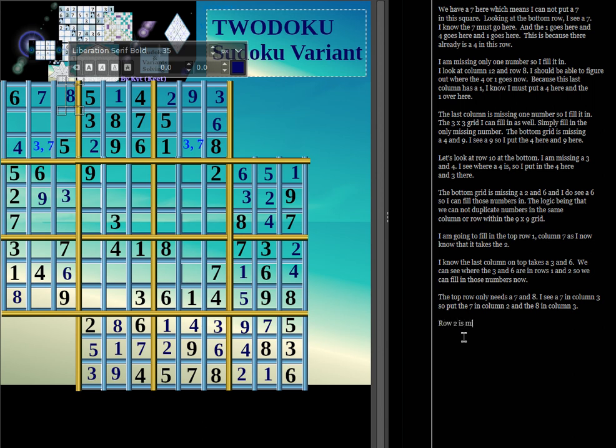Row 2 is missing a 1, 4, and 9. And I see the only place that can take a 9 because the other columns already have a 9.